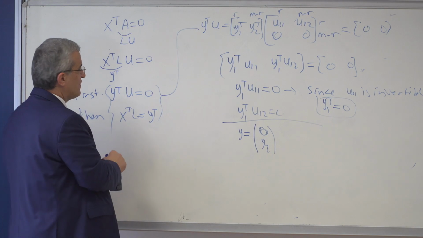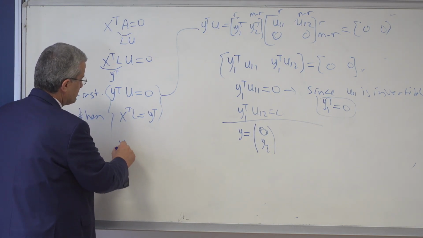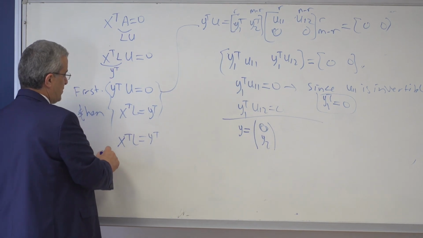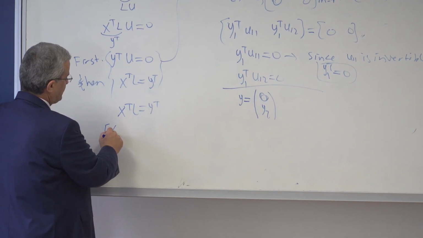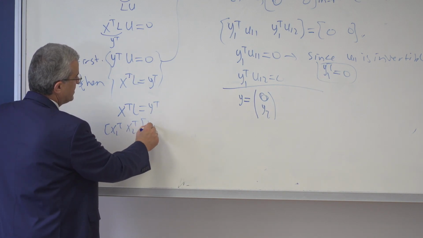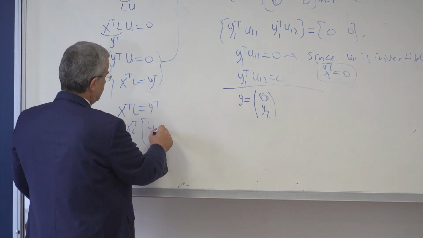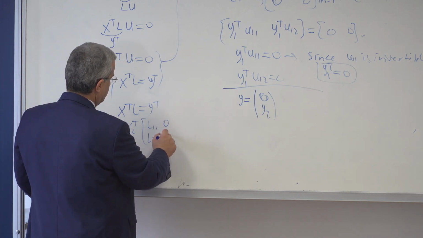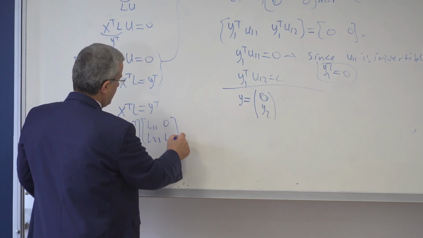Now I come to solve for X, X transpose. X transpose L is equal to Y transpose. Therefore, X1 transpose, X2 transpose, and L is L11, 0, L21, L22.